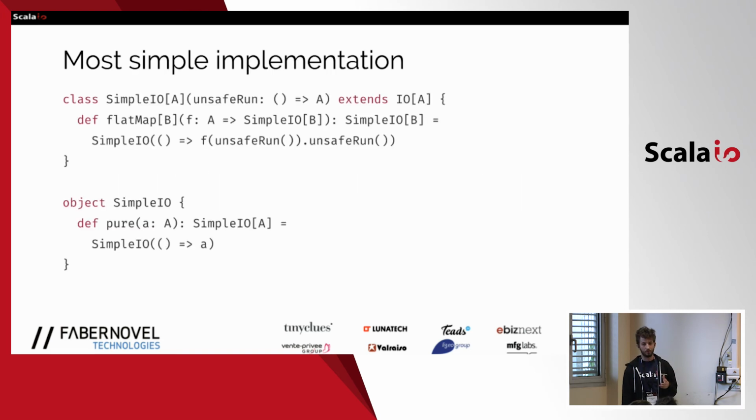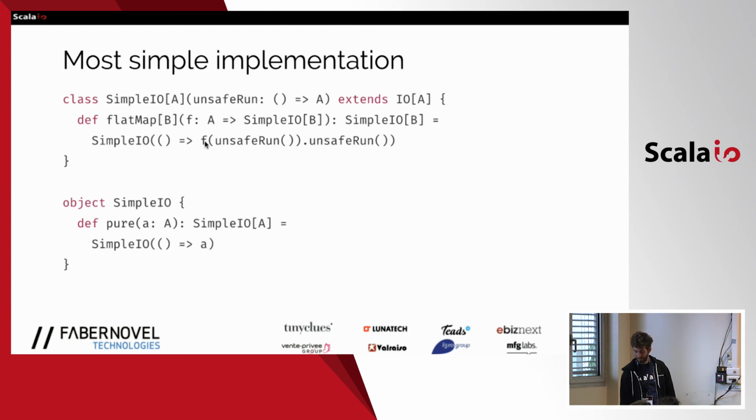Okay, so here is a small example of how someone could maybe implement it. This is again not stack safe, but here we see the class SimpleIO, and it has a small thunk in here called unsafeRun, and we can implement flat map by just returning a new SimpleIO that, as its unsafeRun function, returns a function from nothing to B: we apply the function to our own unsafeRun. So this returns an A, right?